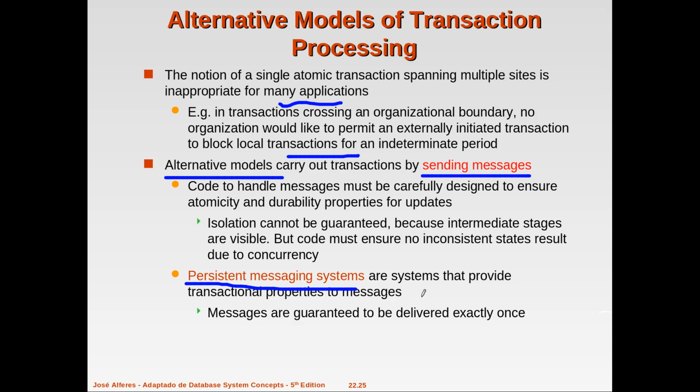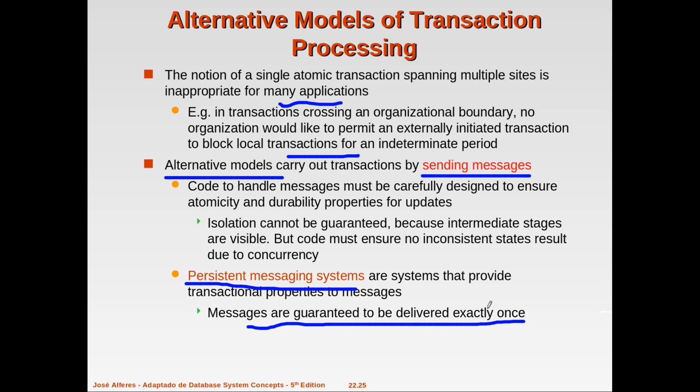These systems provide transactional properties to messages. That means the messages are guaranteed to be delivered exactly once. With that message, the decision on the status of the transaction can be completed.